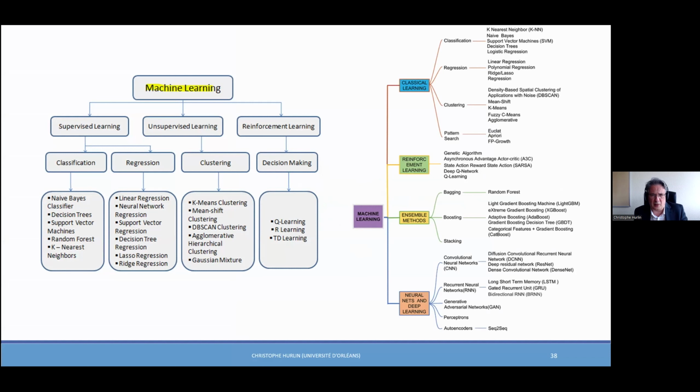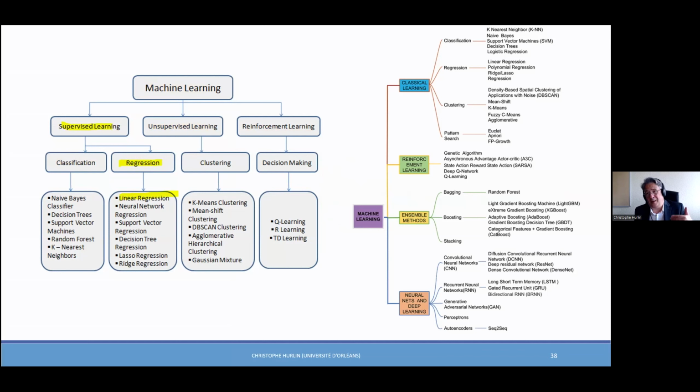In machine learning, we distinguish the types of learning I mentioned before. For supervised learning on the left, you have classification and regression. Let me start with supervised learning and regression algorithms.